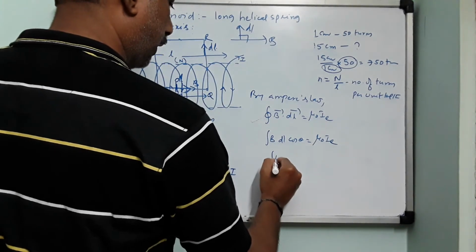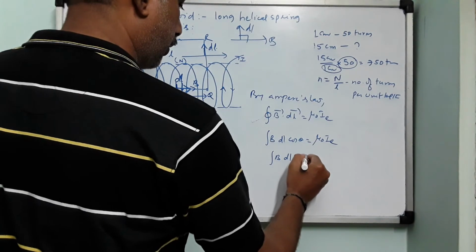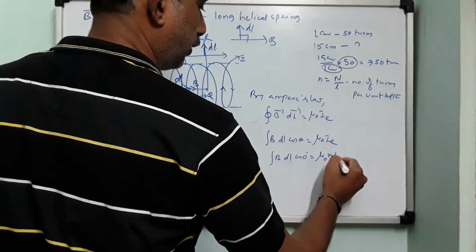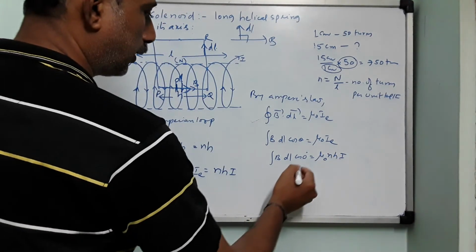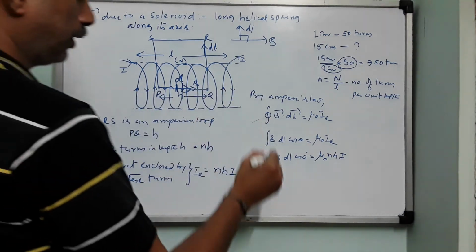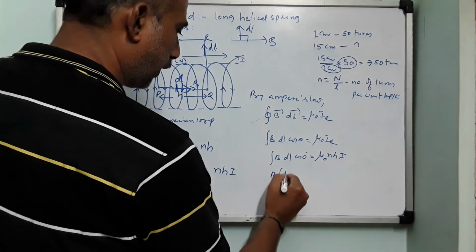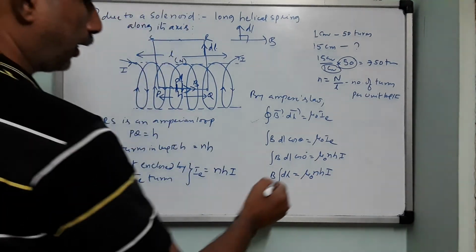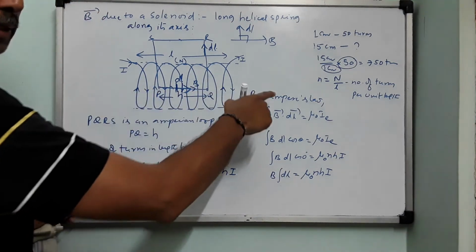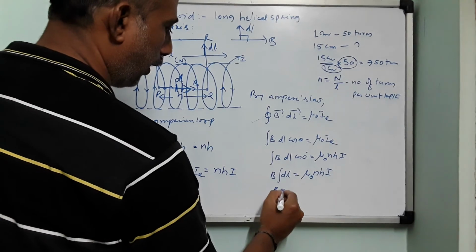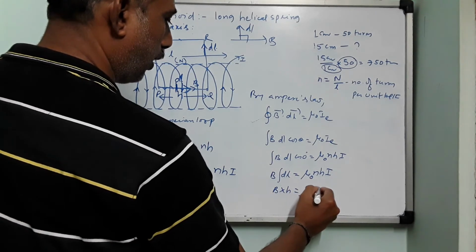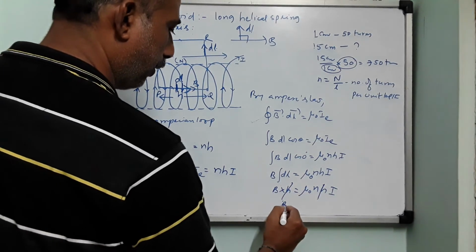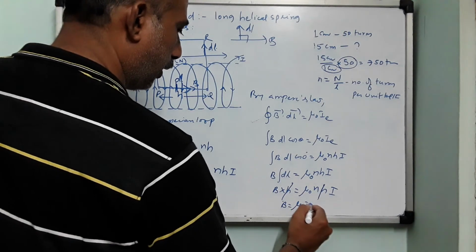Now I substitute: integral B dl cos 0 degrees equals mu naught, and the value of Ie is n h I. Cos 0 is 1, and B is uniform along the axis. So you get integral dl from P to Q equals h. Only along the axis you are making the calculation. So B h equals mu naught n h I. The h and h cancel, and you get B equals mu naught I n.